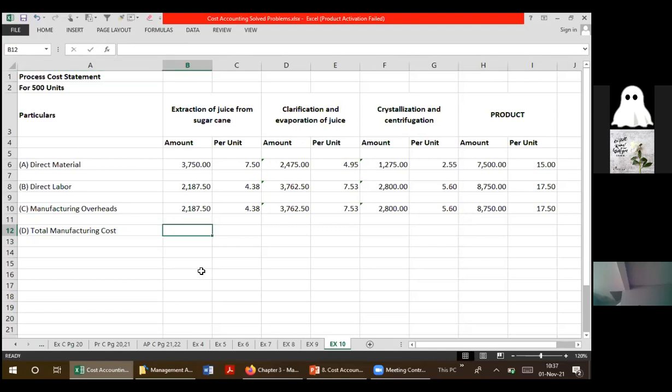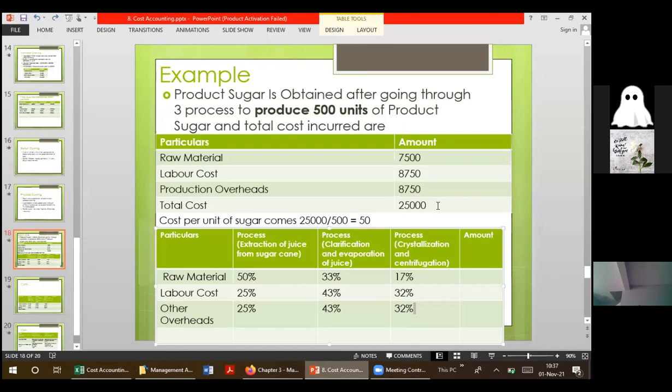So then we can calculate total manufacturing cost for every process. There can be a total manufacturing cost for the first, second, third process separately and the product. For the product, we are already given the answer. So the total manufacturing cost is 25,000. Is it the same if we add these three?